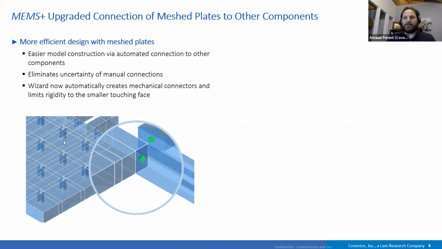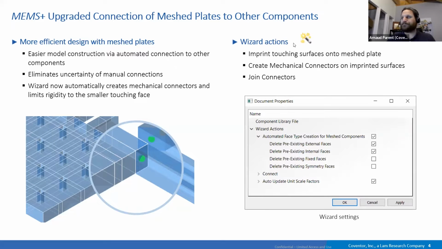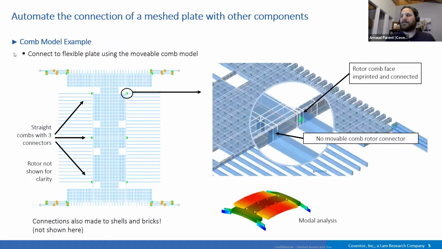It's made automatically by the wizard, which is this icon in the software. It comes with default properties, and you can change them to other values if needed. This should facilitate the way mesh plates are integrated with other components. Here we show an example, a MEMS Plus model of an accelerometer.